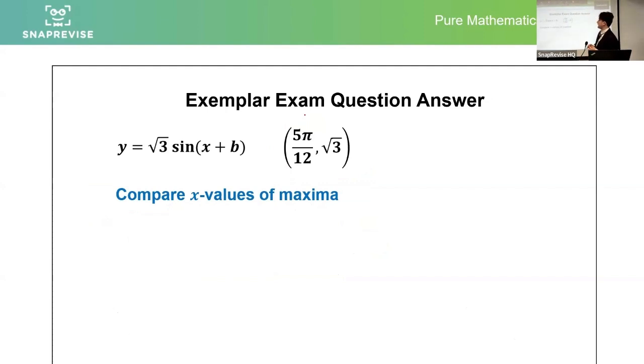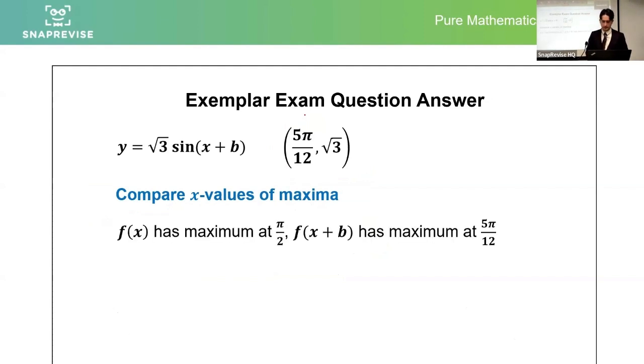So now if we compare the x values of the maxima in a very similar way, this is what we've got. It would normally be at pi over 2, and now it's at 5 pi over 12. So let's think about what's happened here. Okay.